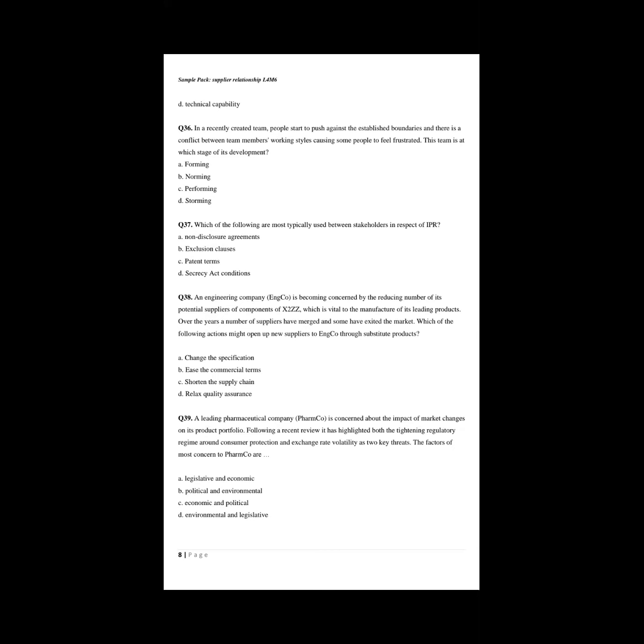All right. Question 39. A leading pharmaceutical company, Famco, is concerned about the impact of market changes on its product portfolio. Following a recent review, it has highlighted both the tightening regulatory regime around consumer protection and exchange rate volatility as two key threats.